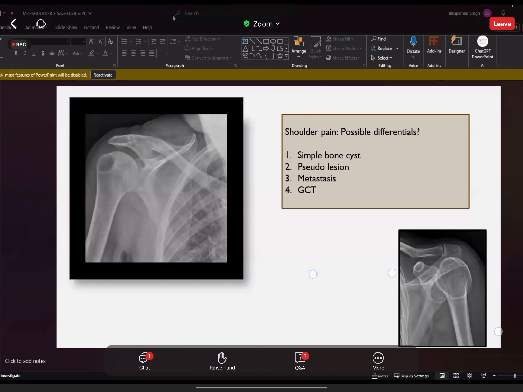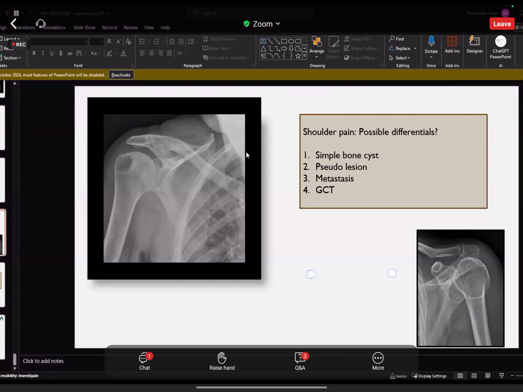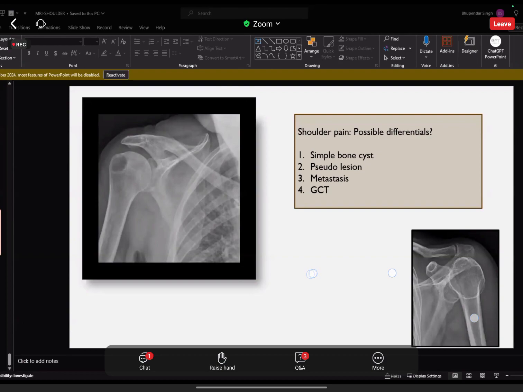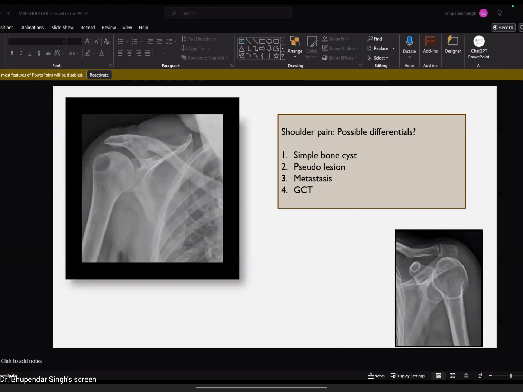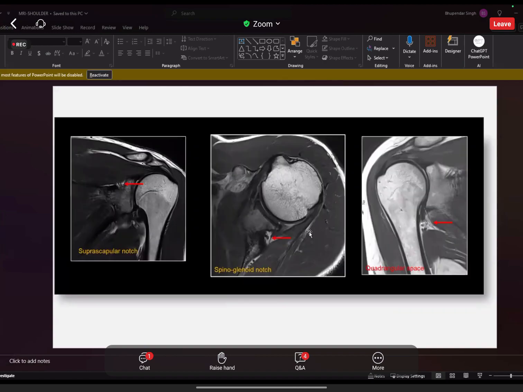The next question is, what is a HAGL lesion and its extent? A HAGL lesion is basically humeral avulsion of the glenohumeral ligament, the inferior glenohumeral ligament band. One minute, I'll show you. On this image, these are the bands of the anterior-inferior glenohumeral ligament, or inferior glenohumeral ligament.